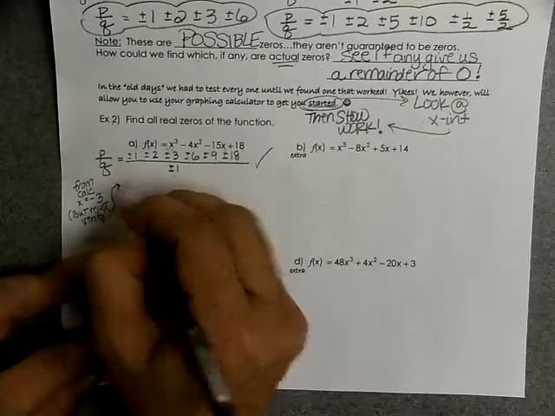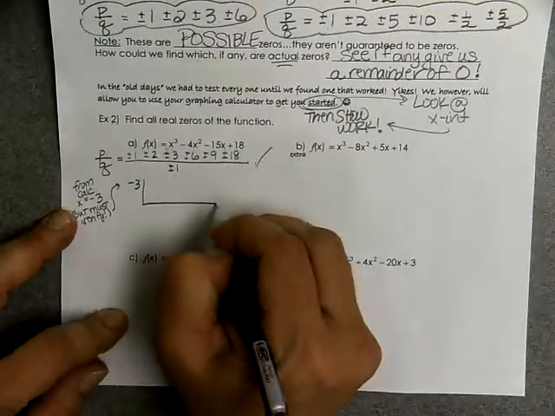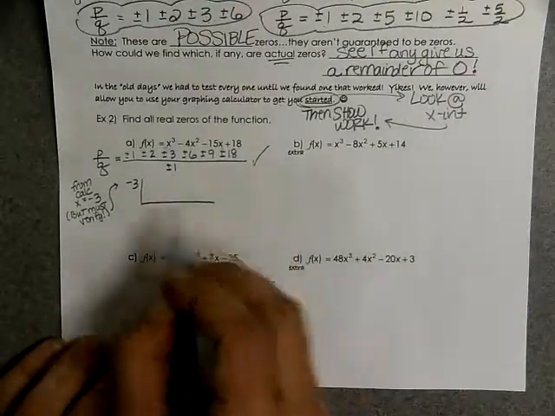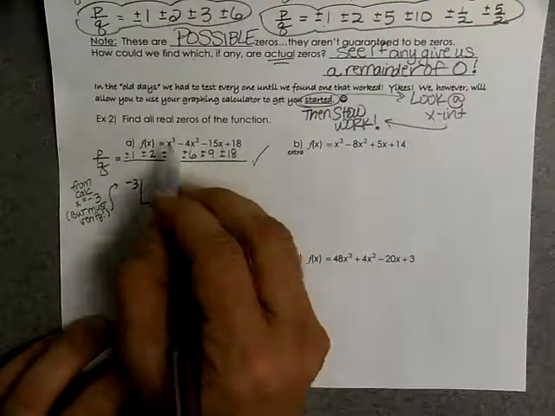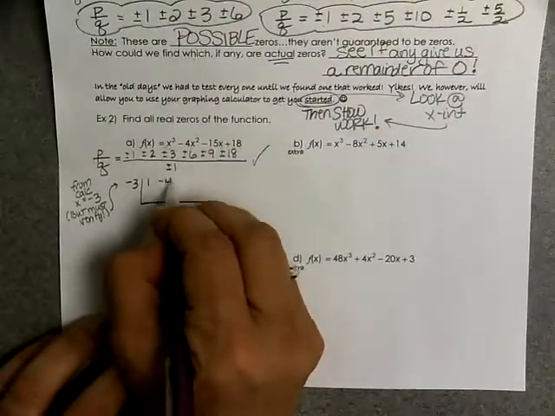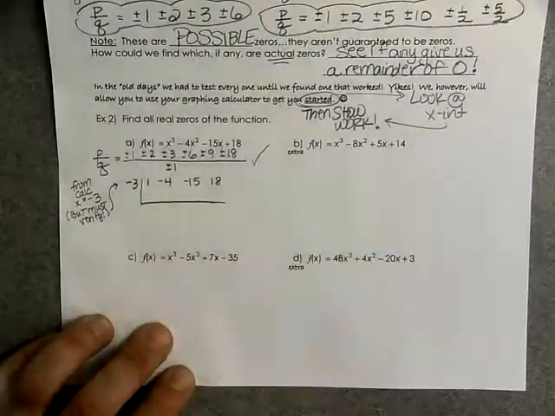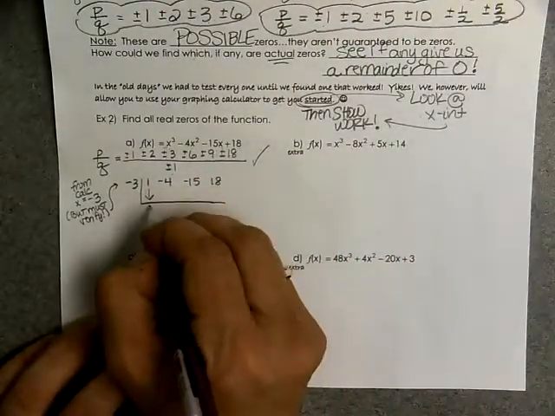And how you verify it is that we're going to use synthetic division to verify that it gives us a remainder of 0. So we're going to use negative 3 as the x value we're testing. We use 1, negative 4, negative 15 and 18 as our coefficients. And then we use the synthetic division.